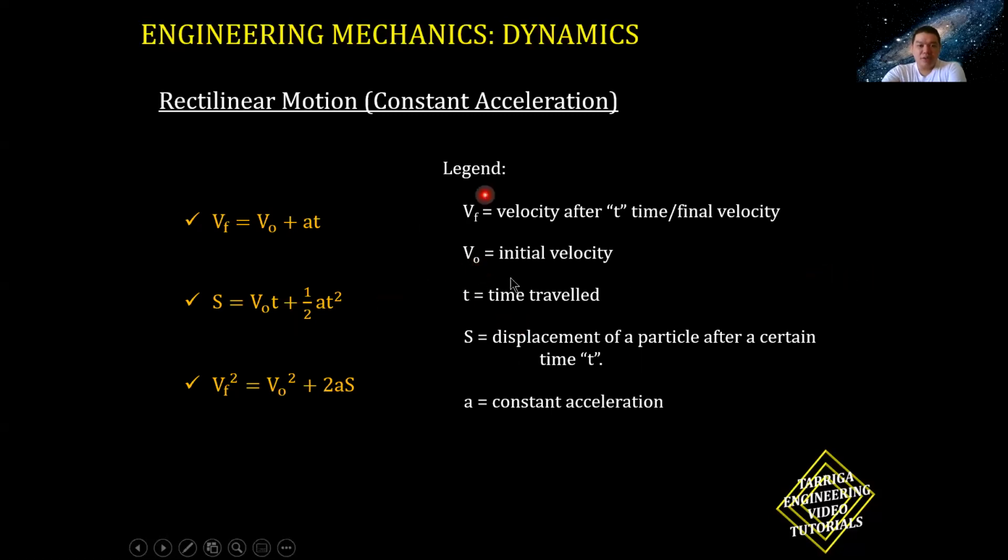T is of course the time interval or time traveled. S is the displacement of a particle after a certain time t. And A is the constant acceleration. For constant acceleration, if that is positive, that is called acceleration. And if that is negative, that is called deceleration.